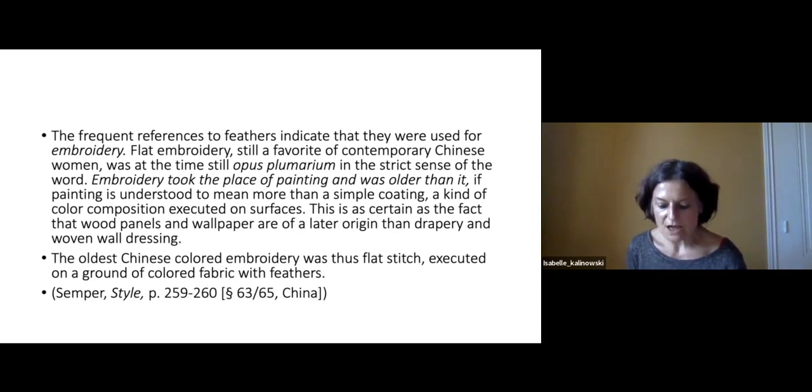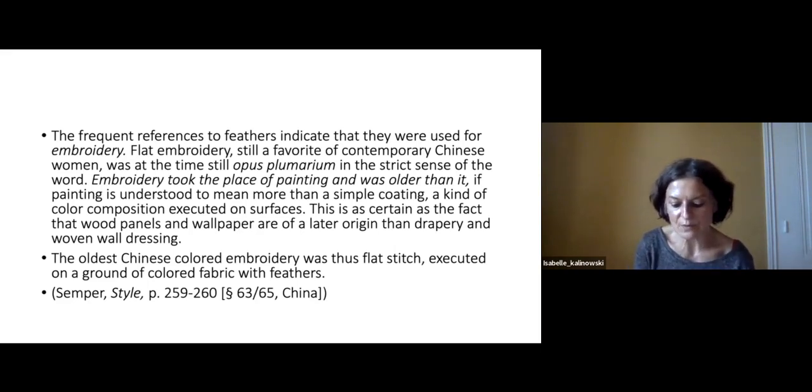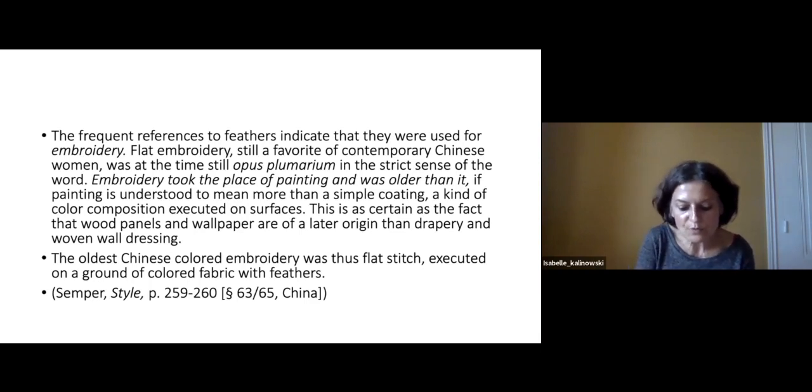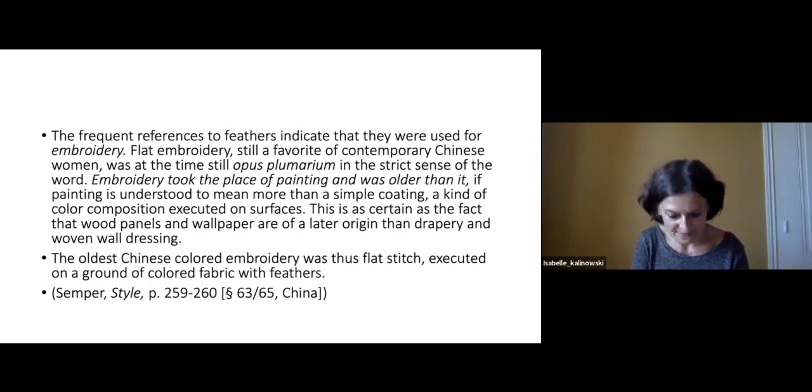The hedge, as one of the first examples of polychromy, based on the natural diversity of the colors of the stalks, has already to do with what Semper calls style, that's to say, an adequacy with natural materials which doesn't reproduce the natural diversity, but organizes it in patterns.